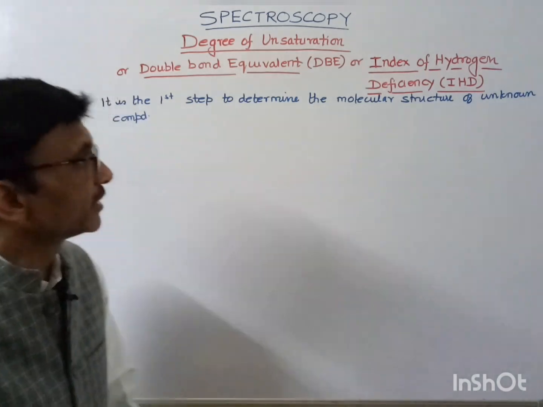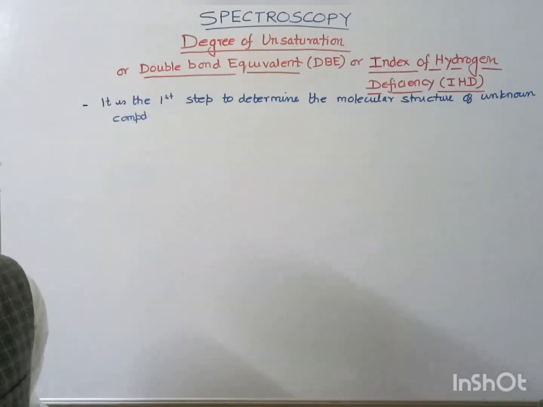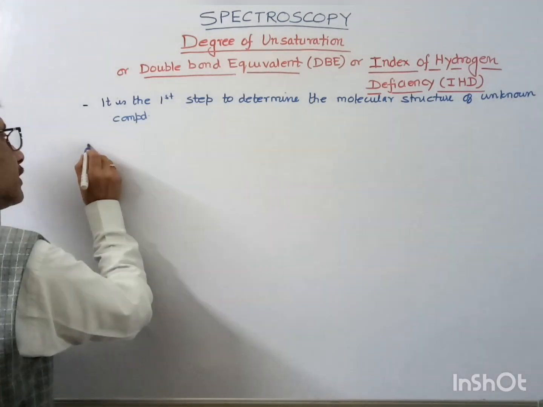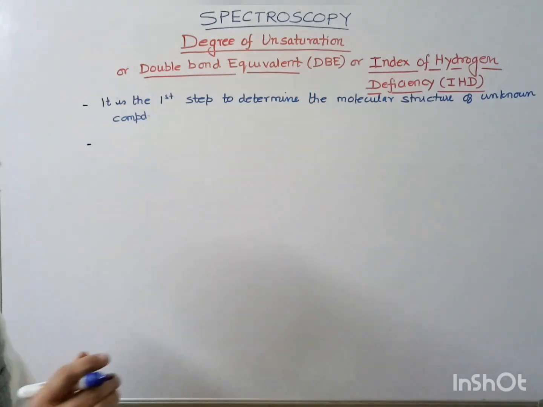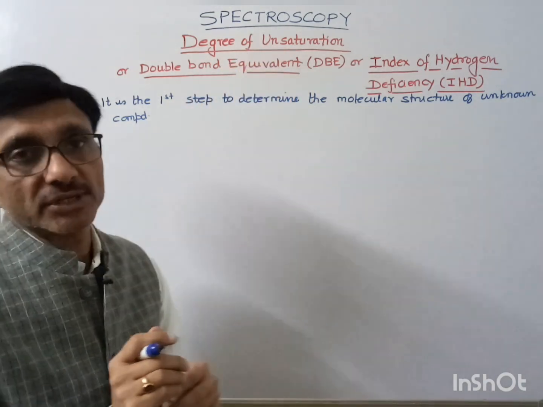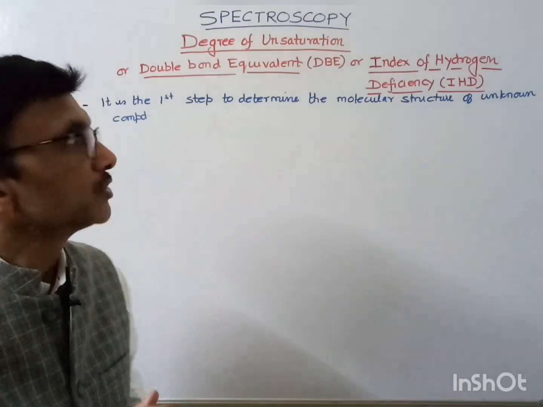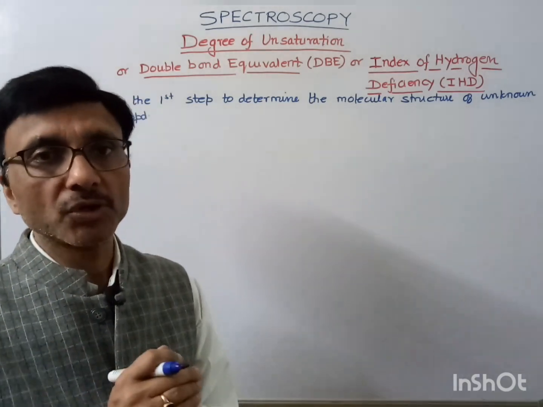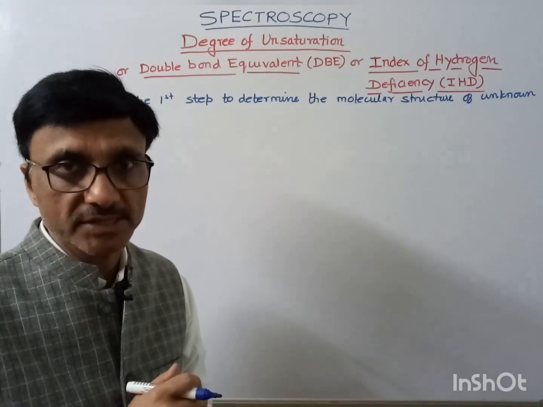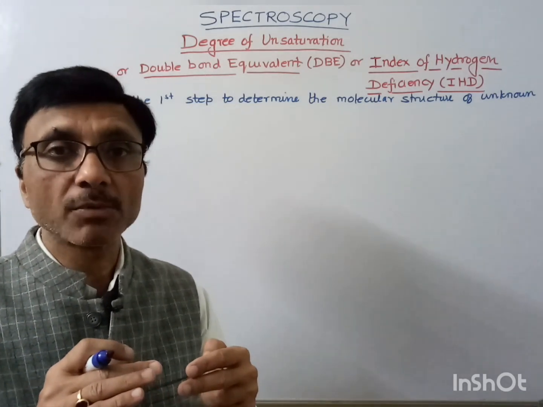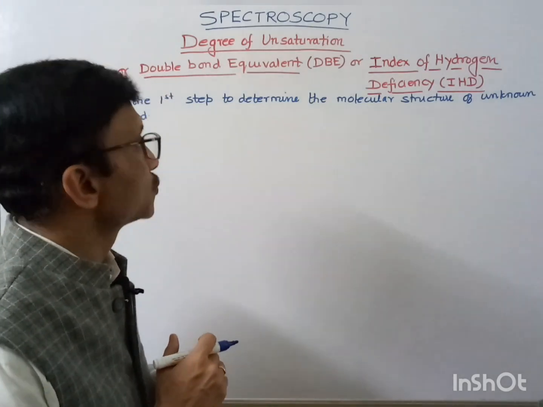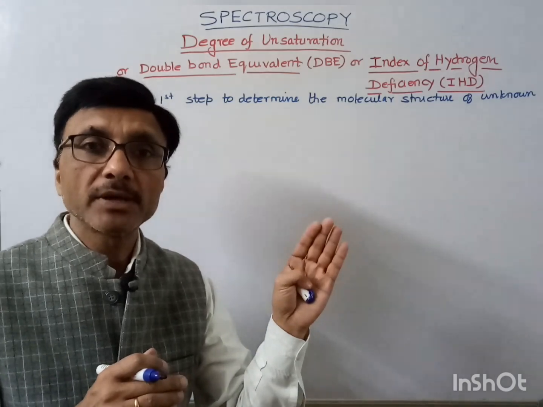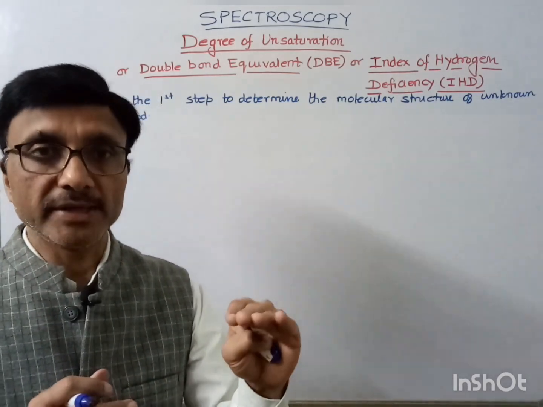So how can we determine this degree of unsaturation? We can determine it by using a formula. Unsaturation means double bond, so it gives you information about the number of double bonds or multiple bonds, as well as the number of rings.